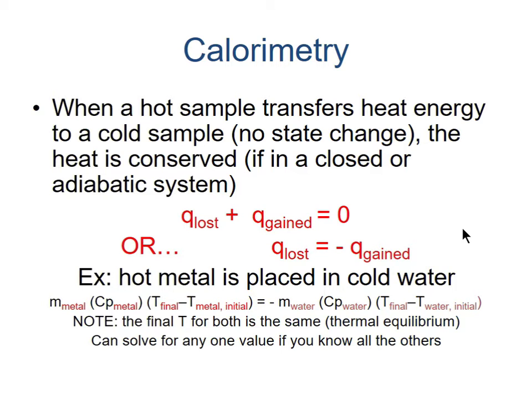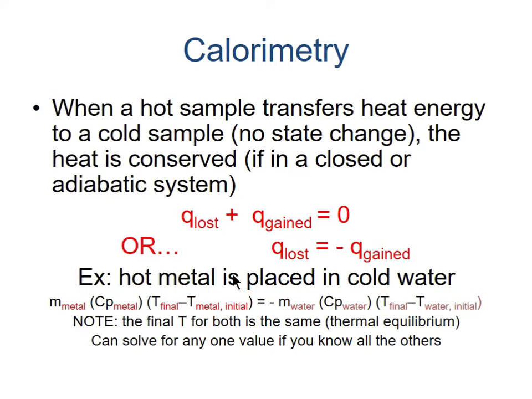So the energy lost by the hot object has to be equal to a negative in sign times the energy gained by the cold object. And therefore I can now, depending on what type of heat process it is, whether it's a change in temperature or a change in state or a change in reaction, I can now set up an equation. I do need to be careful about understanding which one is the one that's losing energy and which one is the one that's gaining heat energy.